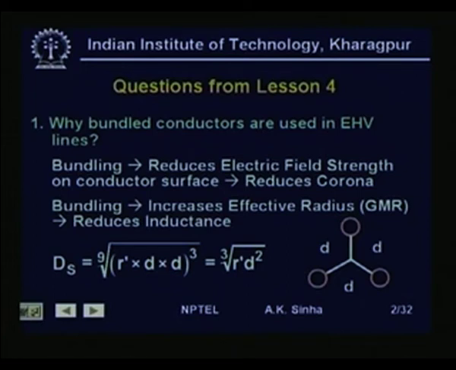Well, the answer to this question is bundling of conductors, that is, instead of using one single conductor, use of a number of conductors connected by conducting frames reduces electric field strength on conductor surface, which in effect reduces the corona losses, which result in power loss as well as radio interference and audible noise in the system.